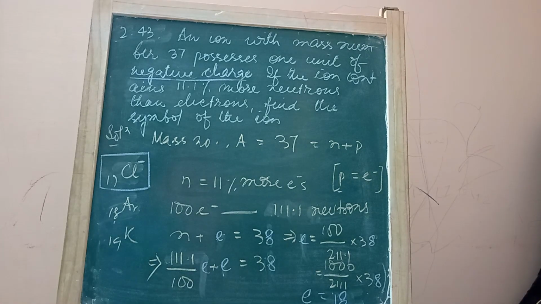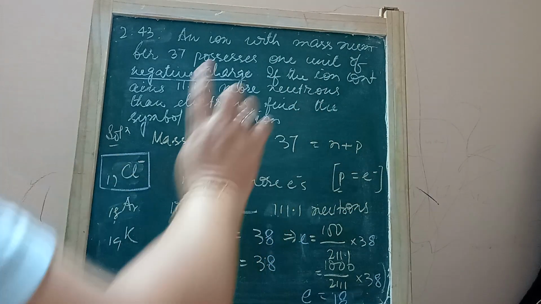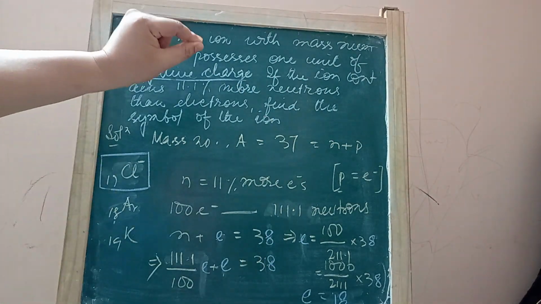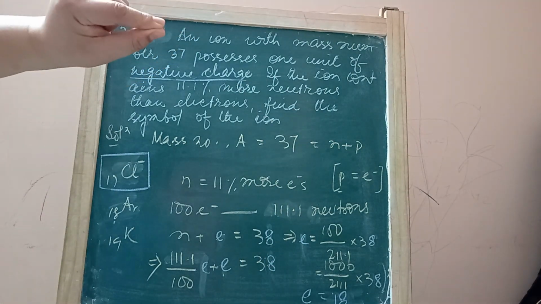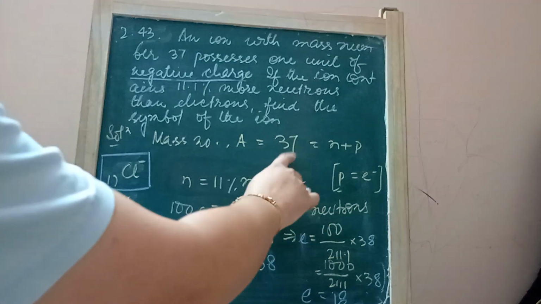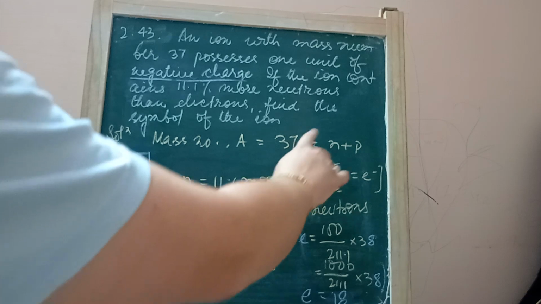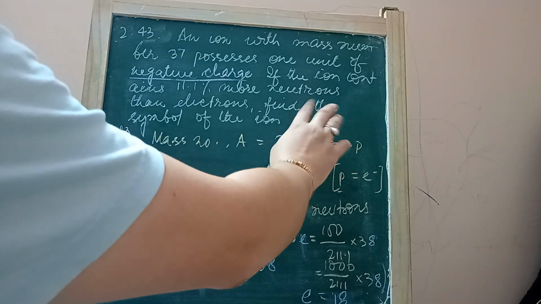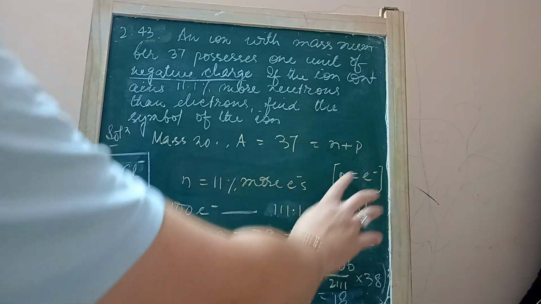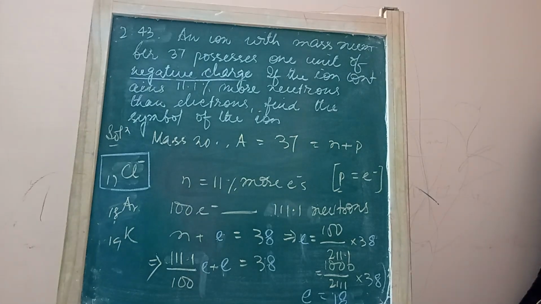The twist is, normally neutron plus proton should be 37, right? But this species contains 1 electron more. Suppose there are x protons. How many will be the number of electrons? It will be x.